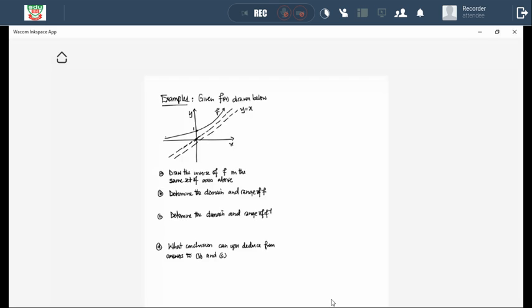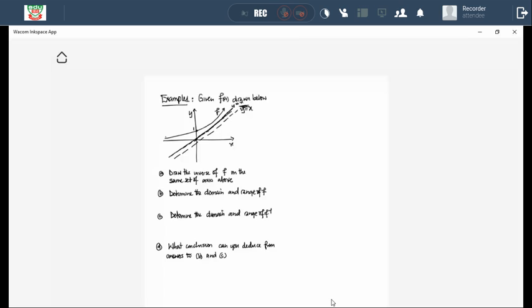Let me put a continuous line. This is the line that I'm talking about, which is y equal to x. Just ignore this other one.